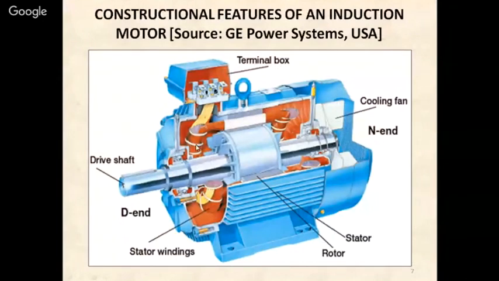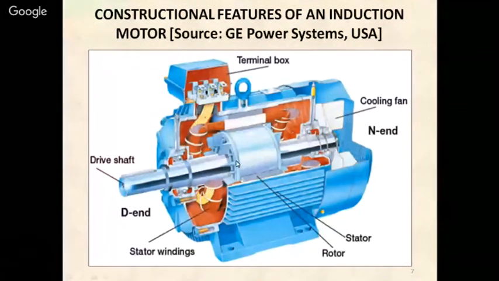This is the picture showing the constructional details of an induction motor. As you know, the induction motor is the widely used motor in the industry. It is used in approximately 95% of cases nowadays. It is superior to other motors because it is low cost and requires very little maintenance, and it has various parts like the stator, rotor, bearings, and stator winding.